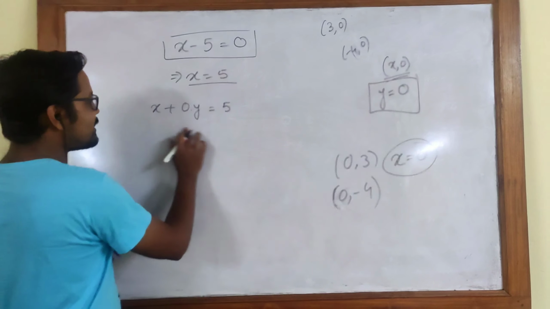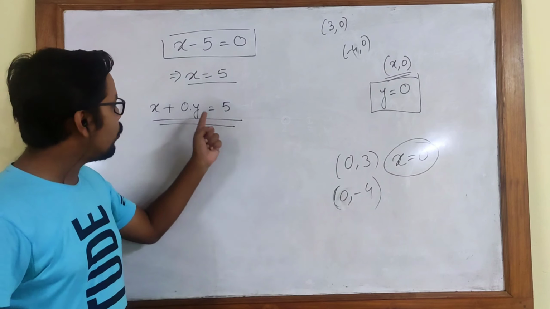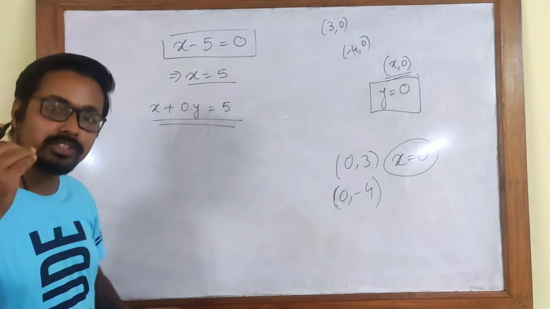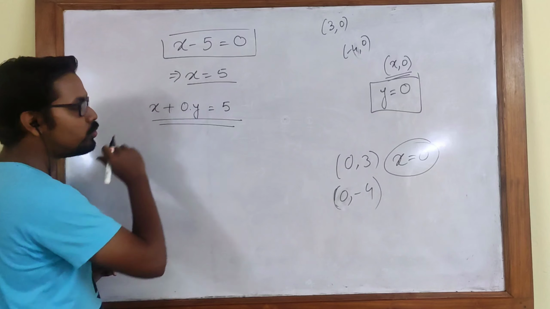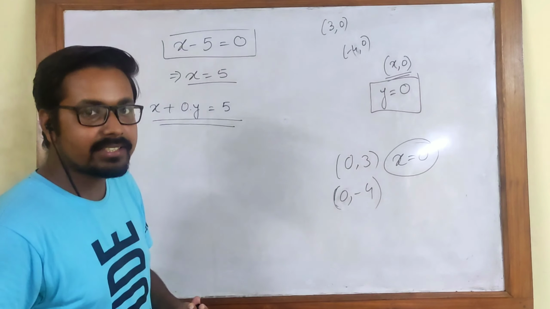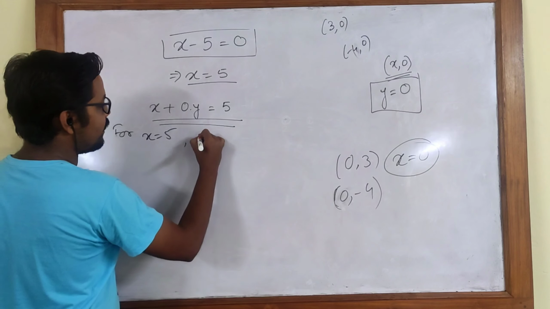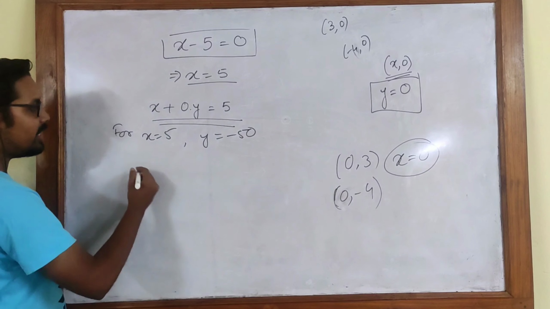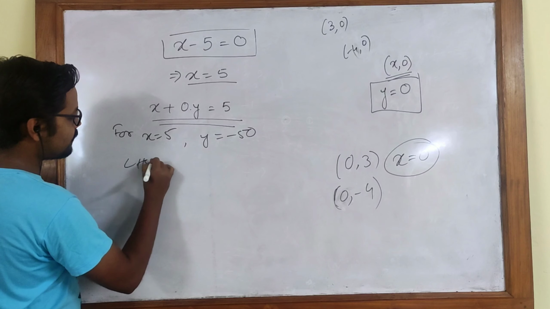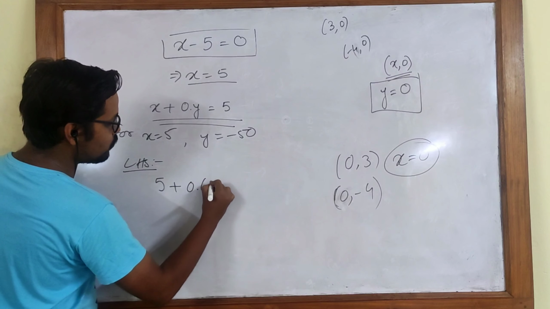Now for this equation, x will always be 5 and y can have any value, because it does not matter what the value of y is, that term will always be 0 because it is multiplied by 0. Suppose I take x as 5 and y as any number, say -50. What do I get? On the LHS, in place of x I will write 5 + 0 · (-50).